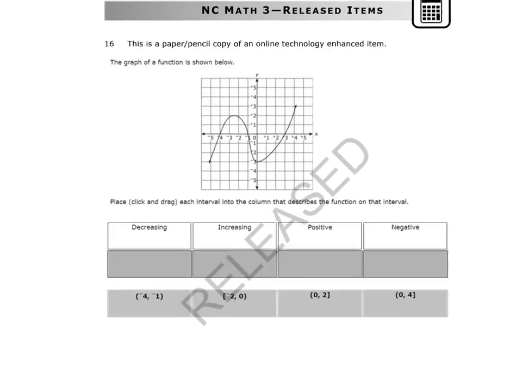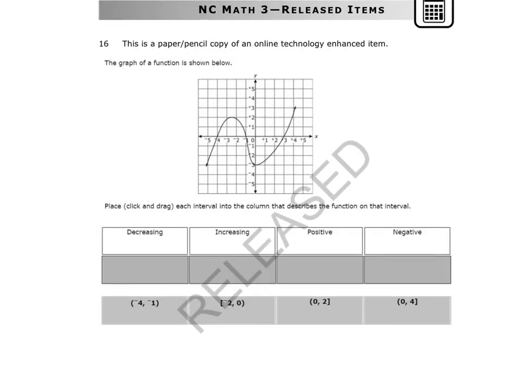Okay, this one is about increasing and decreasing, and positive and negative. So I'm going to highlight just to talk about it. This part's increasing, and this part's increasing. So I'm increasing from negative infinity to negative 2.5, and from 0 to infinity, the way I'm looking at this.